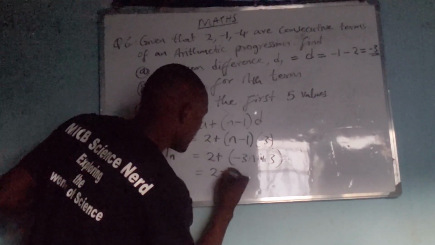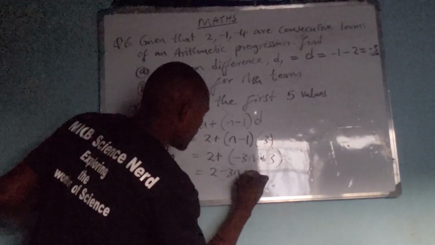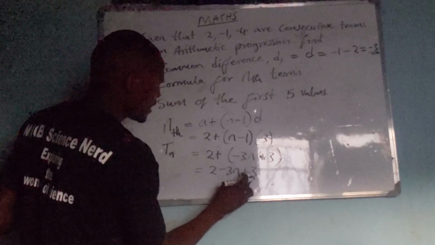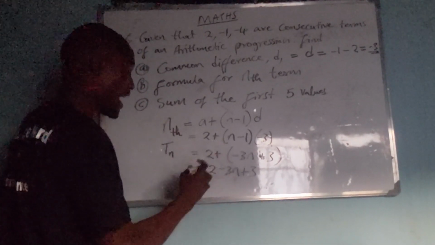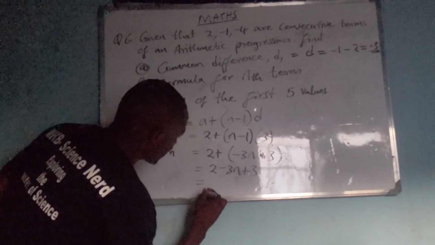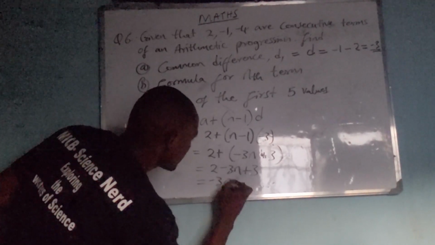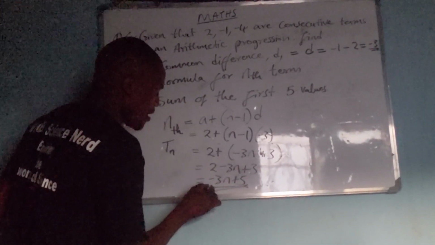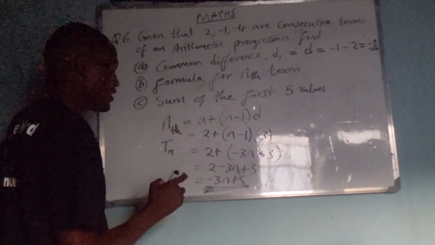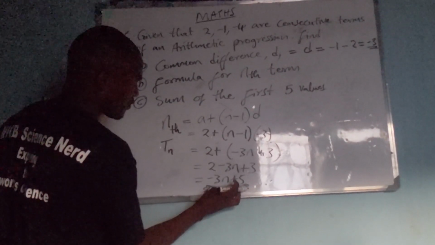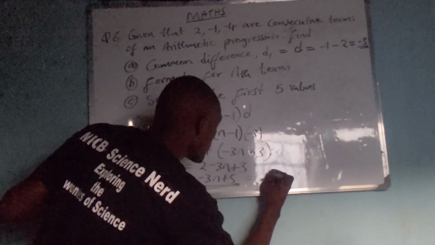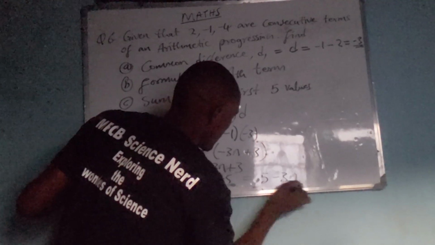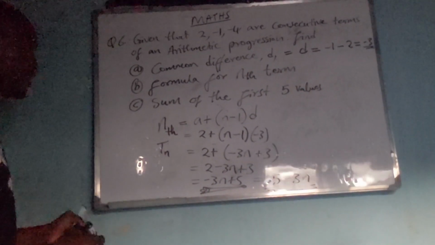So we have -3n plus 3. 2 plus 3 is giving us 5 because they are like terms. Then we are going to have -3n plus 5. This is our answer. But we can also write by starting with the positive number, which will be 5 minus 3n as our formula.